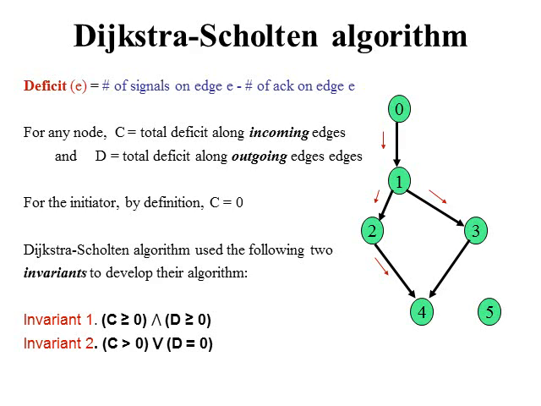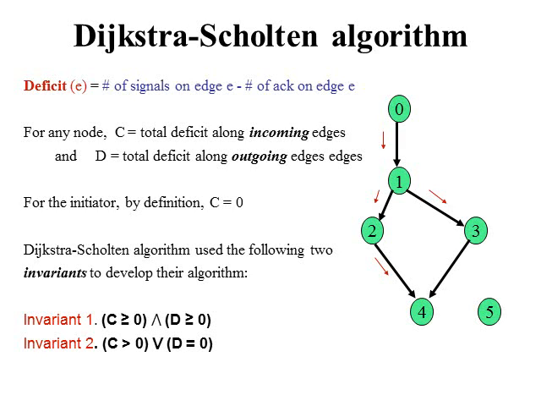So in the figure on the right hand side, 0 is the initiator process. It has no incoming edges coming into 0, and so the value of C is going to be 0 for process 0.